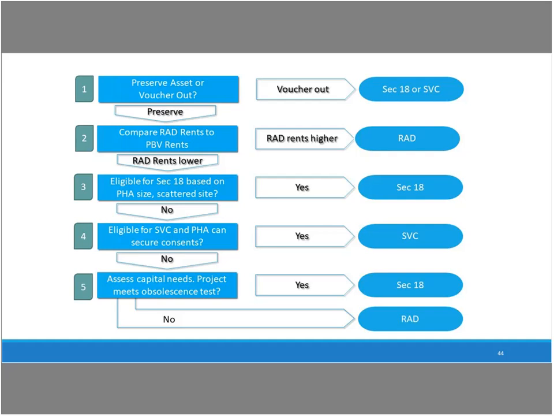And if you can't prove any of those Section 18 justifications, or if streamlined voluntary conversion is not an option to preserve, then RAD is your available option. So again, this is kind of a thought process to consider how the different tools available can allow you to access your desired outcome.